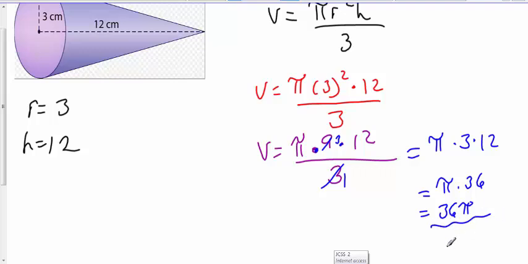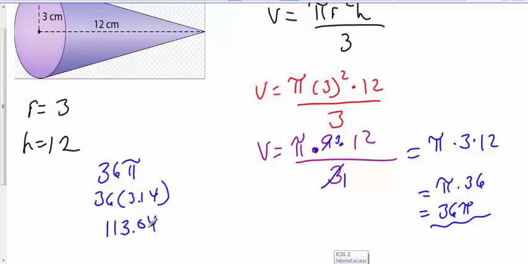And that's one answer. So if it's 36 pi, we can do 36 times 3.14, and that would give us 113.04, and this would be cubic centimeters.